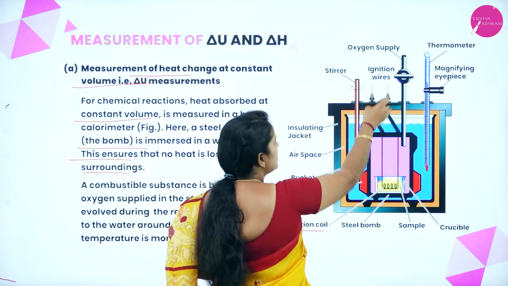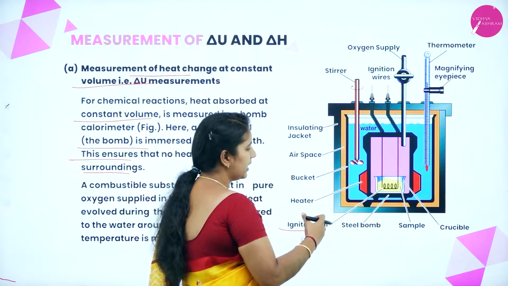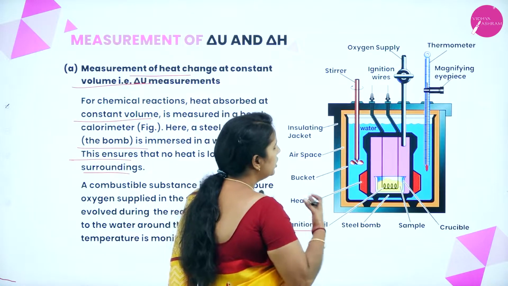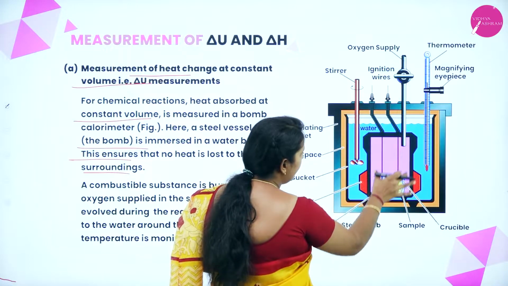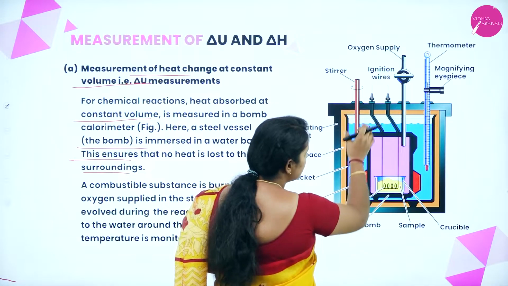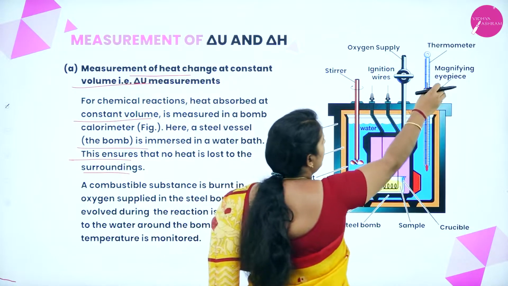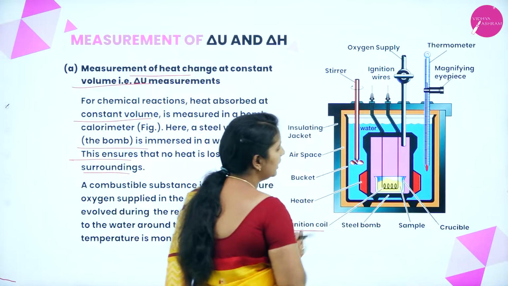Through this, they apply the electrical field so that combustion will happen. You can see that the steel bomb is immersed in a water bath. Meanwhile, the temperature will be noted by using a thermometer.